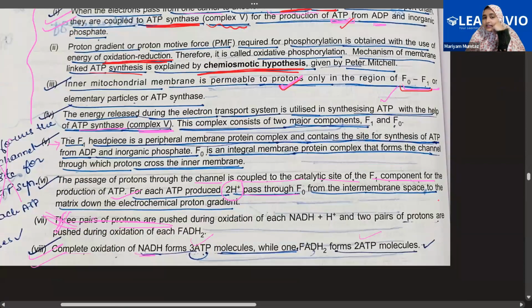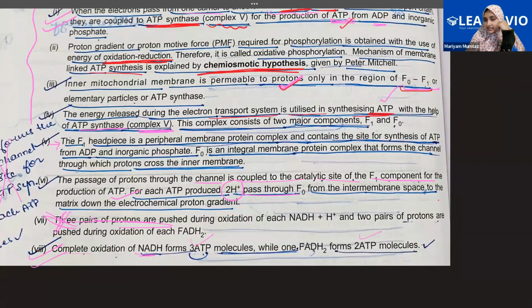Energy released during the electron transport system is utilized in synthesizing ATP with the help of ATP synthase, which is complex number 5. This complex contains two major components, F1 and F0. Now, the F1 headpiece is a peripheral membrane protein, meaning it is at the periphery, whereas F0 is integral towards the inner side.